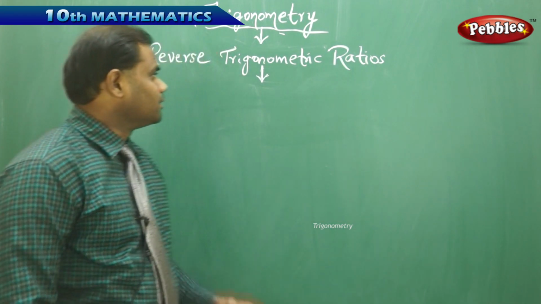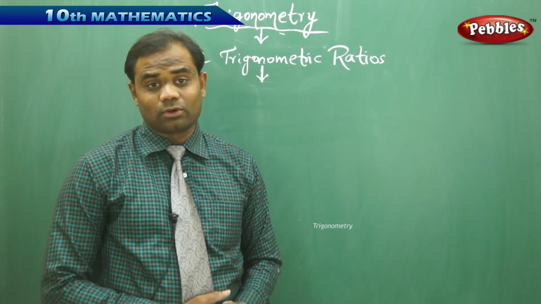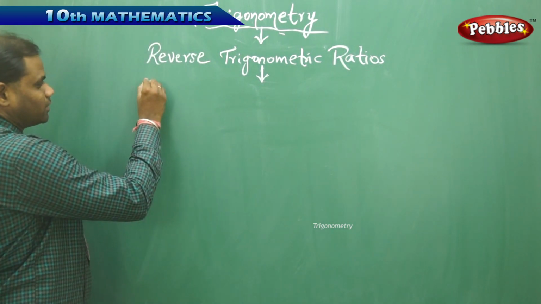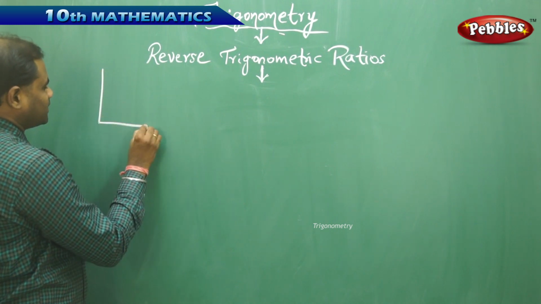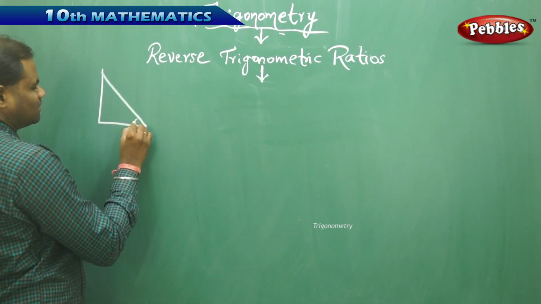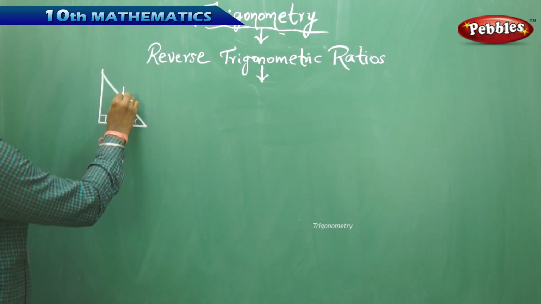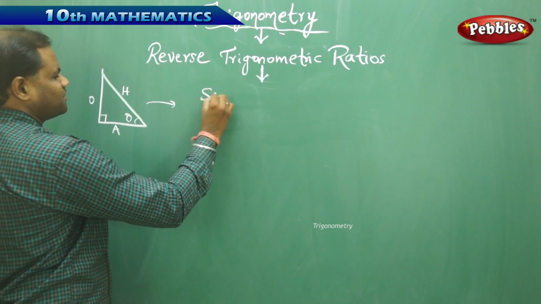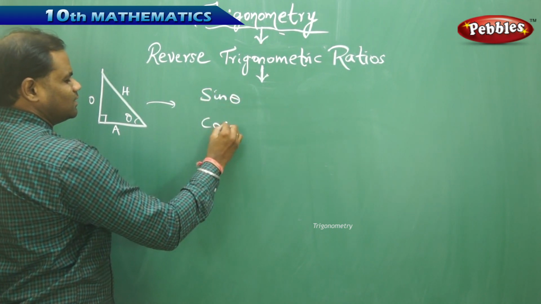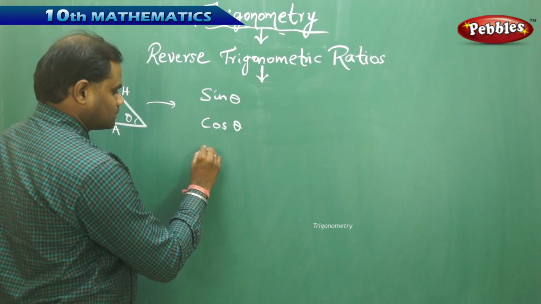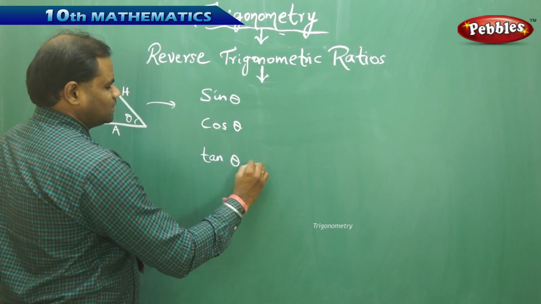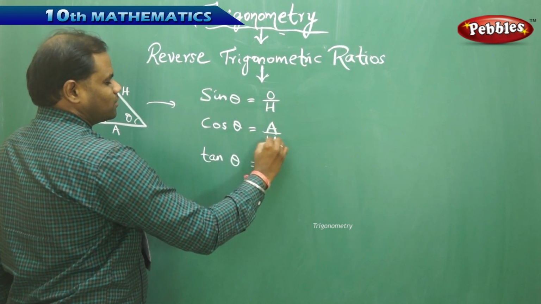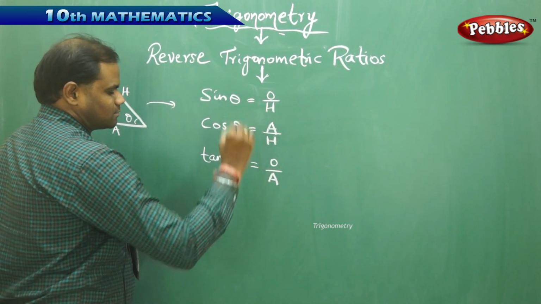Now let's see the reverse trigonometric ratios, or reciprocal trigonometric ratios. It's very simple. As we have already discussed, for a right angled triangle where this is theta, this is the right angle, and this is hypotenuse, opposite and adjacent, we had three trigonometric ratios, sine theta, cos theta and tangent theta, as opposite by hypotenuse, adjacent by hypotenuse, and opposite by adjacent.